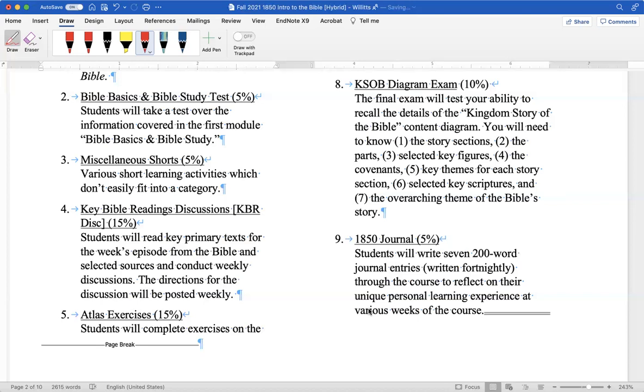So if we're talking about creation and human divine kingship as our first story, you will read several passages out of the Bible that discuss that story, so that you can see that the story that we're describing comes directly from the Bible. And while the story I tell does not match perfectly or exactly the story in the Bible, it does square. And so you can check up on my work, in other words.